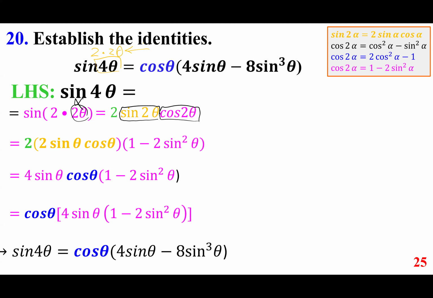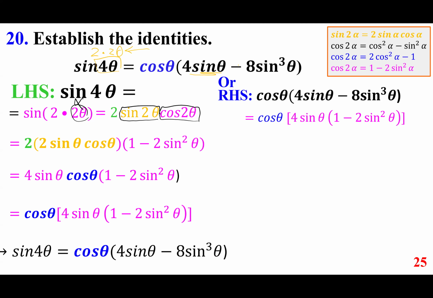So on the right side, we will factor the 4 sine theta out. And we rewrite them in this manner so we can separate the two pieces.